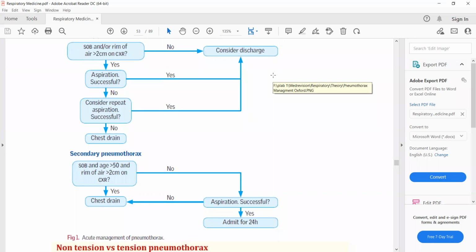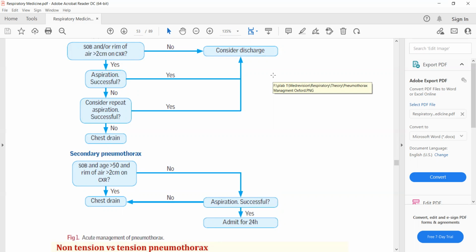Doctor, regarding primary spontaneous pneumothorax, if more than 2 centimeter or shortness of breath, we'll do needle aspiration, then we'll again repeat. If not successful, then we'll put chest drain, right? Yes. Secondary pneumothorax also, if more than 2 centimeter, chest drain, unsuccessful, then we'll admit for 24 hours. Yes, if the rim of air is more than 2 centimeter, then we'll put a chest drain.